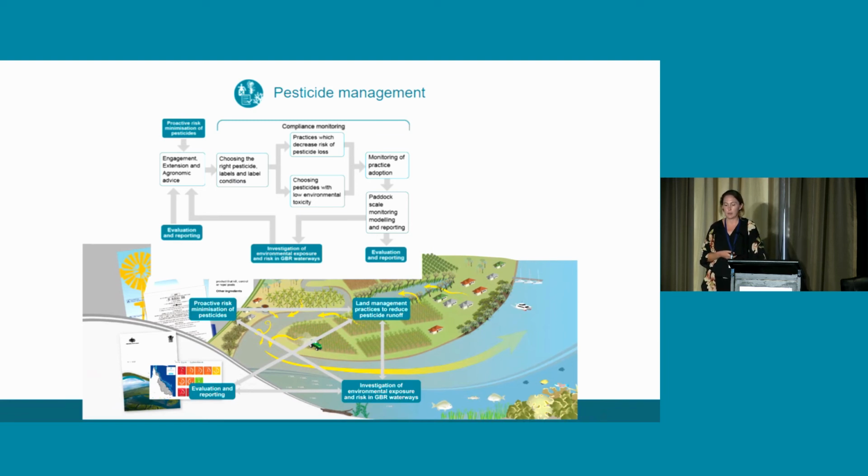There's engagement and extension in terms of communicating with landholders about the different pesticides. There's additional steps in which you could choose a pesticide that might have lower environmental toxicity or lower mobility to actually reduce how much enters the waterways, and various practices that might help reduce pesticide runoff as well.